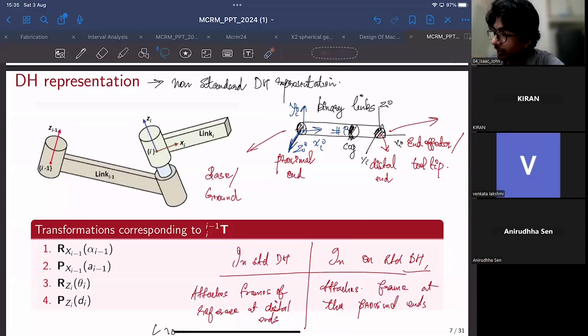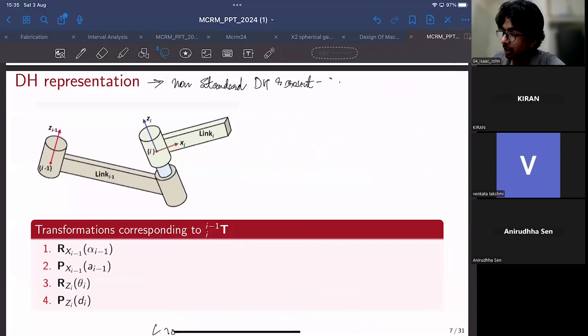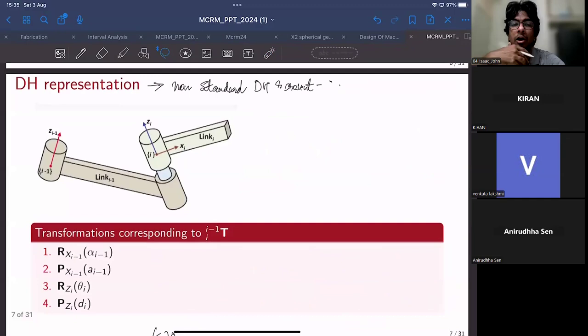Okay, so now that we have established the difference between non-standard and standard DH representation, and why we are using the non-standard one, we will go on with how to assign the frames of reference to a robotic manipulator. The first and foremost thing to assign a frame of reference is to locate the kind of joint and the direction of the joint.